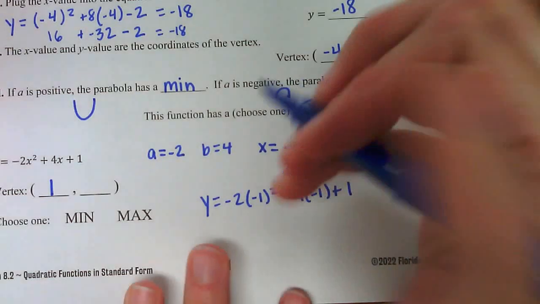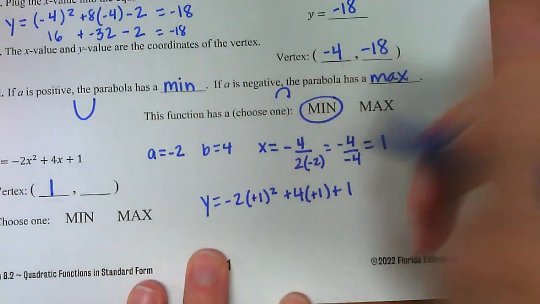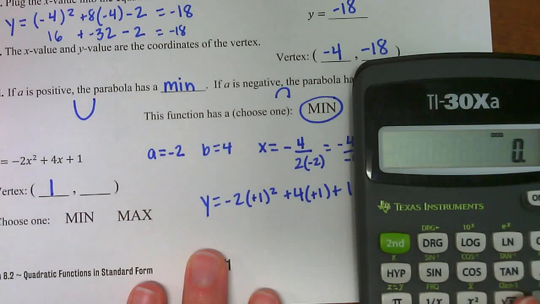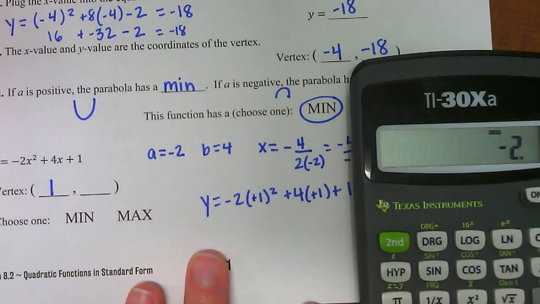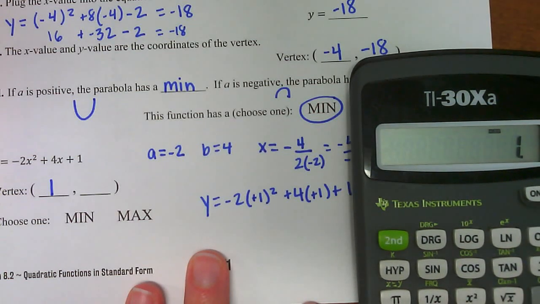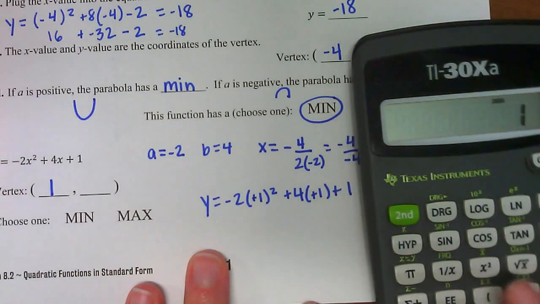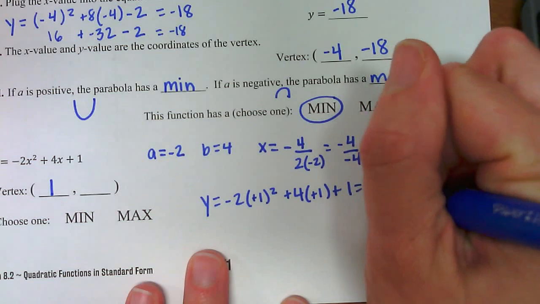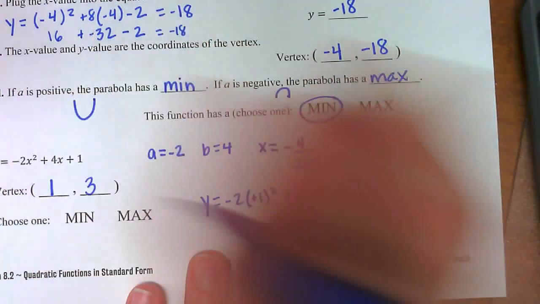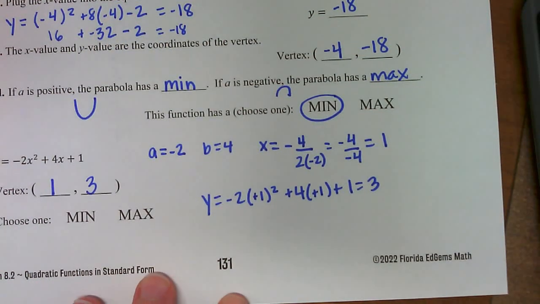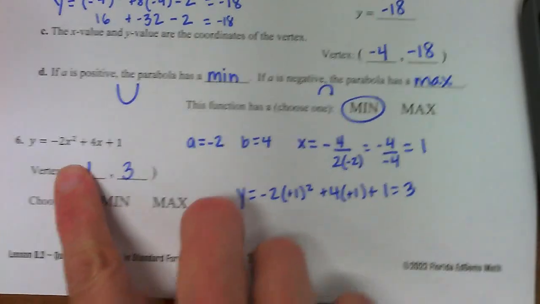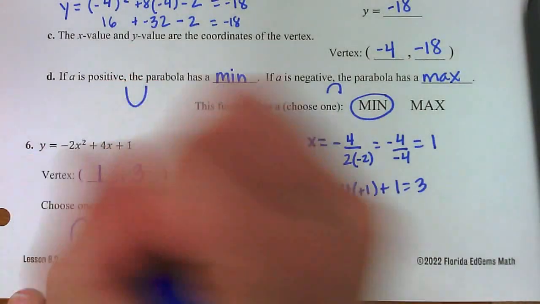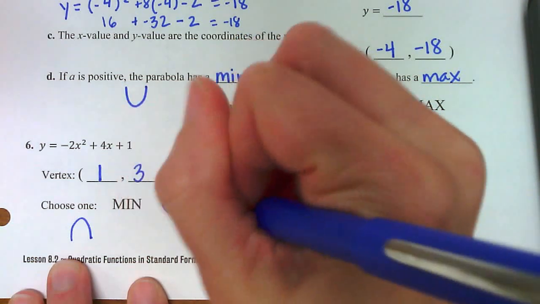Oh, it's positive 1. These are positive ones. Let's try that again. Negative 2 times 1 squared plus 4 times 1 plus 1 is 3. It works. All right, this graph is going to open like this, so it has a maximum.